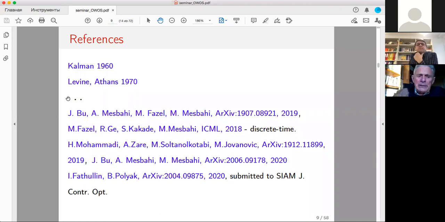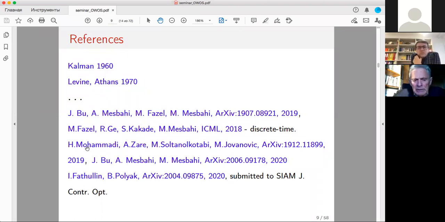And there were many other works in this field, but all of them proposed the gradient-like method with no validation of this, with no results on convergence, local or global, and so on.